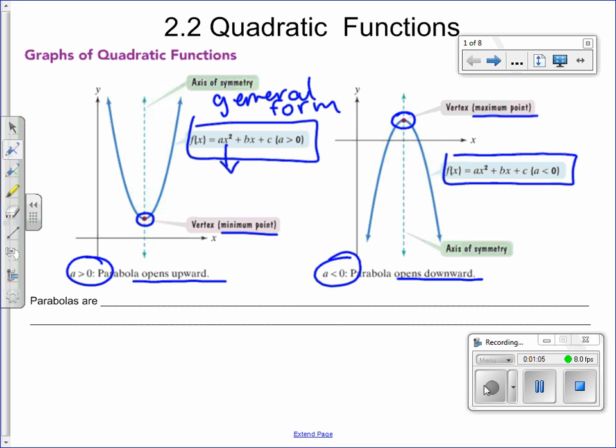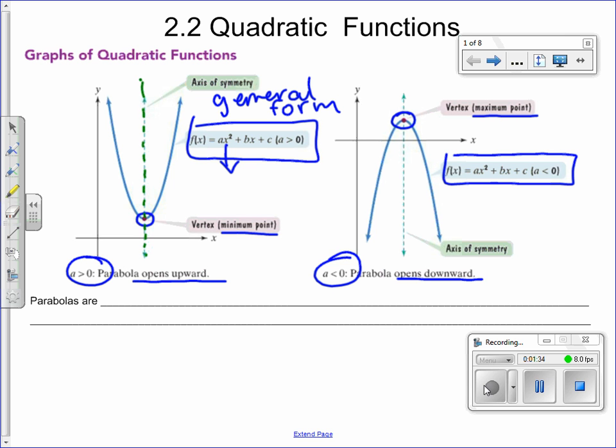Also, one thing that you should always pay attention to is that not all parabolas are symmetric with respect to the y-axis. The only ones that are symmetric with respect to the y-axis will be if the x-coordinate of its vertex is equal to 0. However, the one that we have here is still symmetric, not with respect to the y-axis, but with respect to this line.